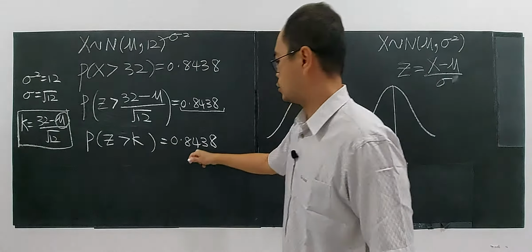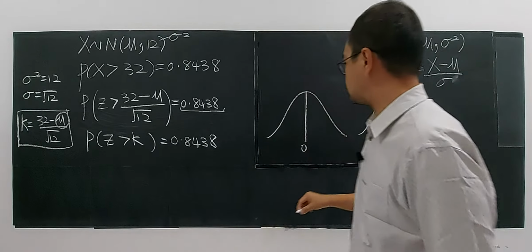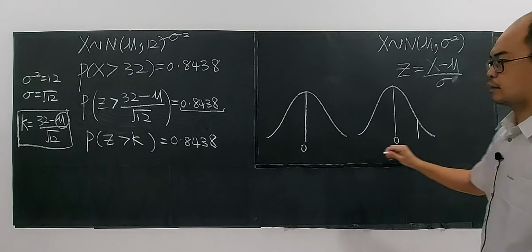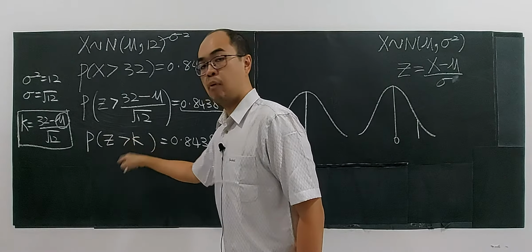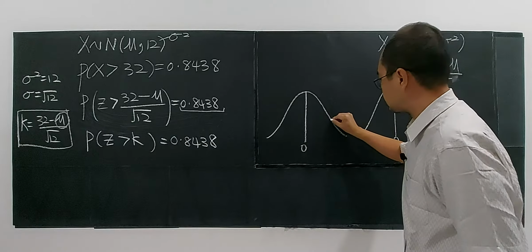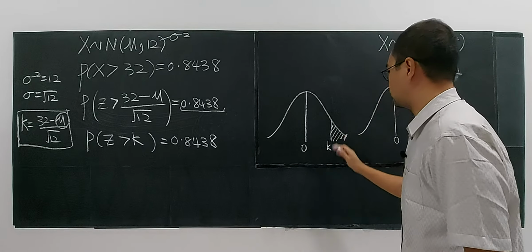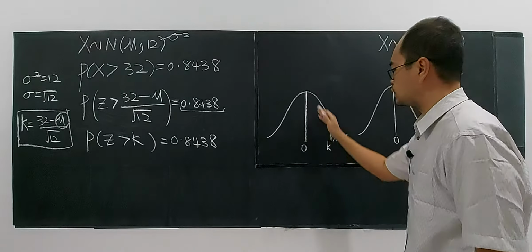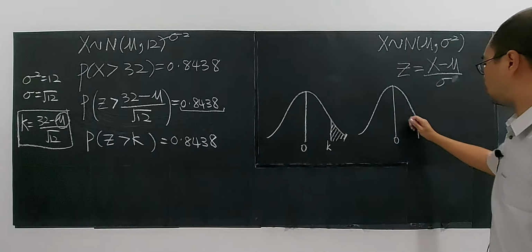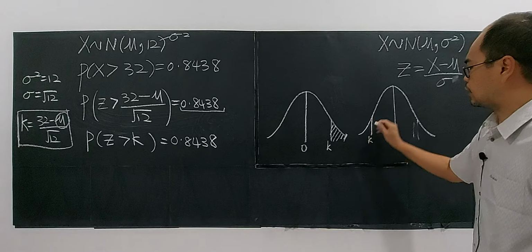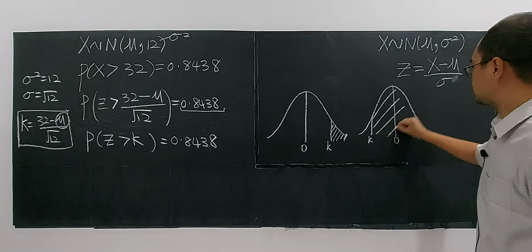So 0.8438 is more than 0.5. More than K means either more than with a smaller area, which is less than 0.5, or more than with the bigger area, which means K is on the left. It's bigger.